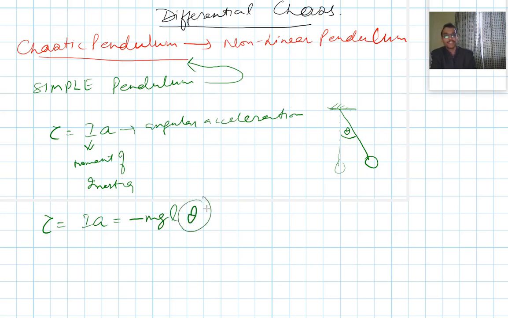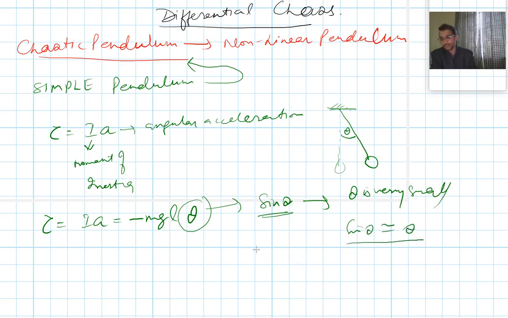Actually this is not theta, but this must be sine theta, but we have used here an approximation that theta is very small. That's why sine theta is nearly equal to theta. That's what we are using here. And I can write this equation also as I d square theta over dt square is equal to minus mgl theta.